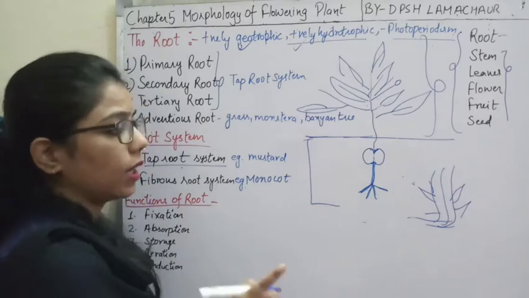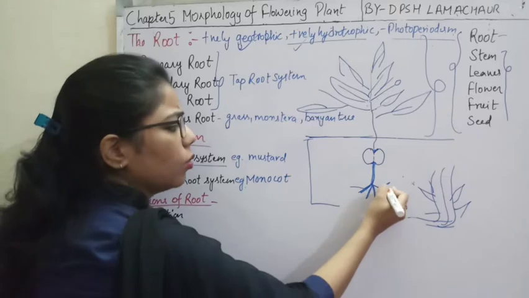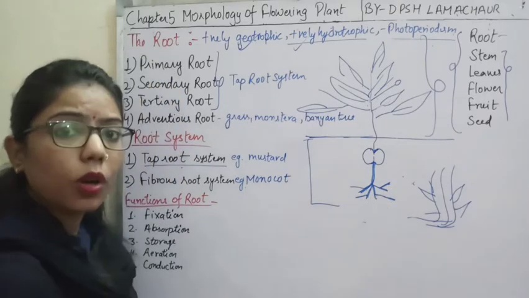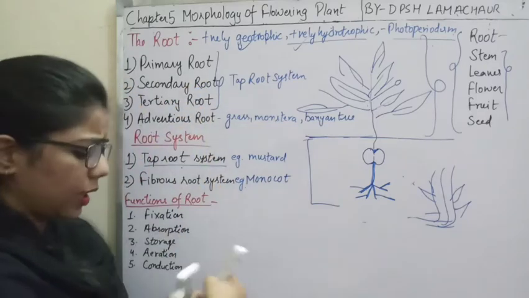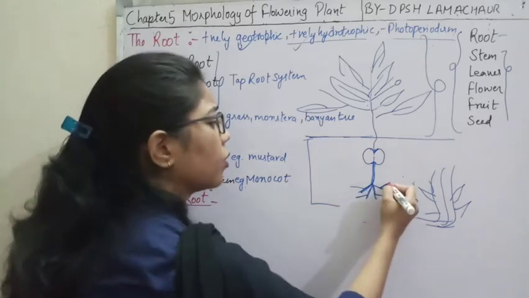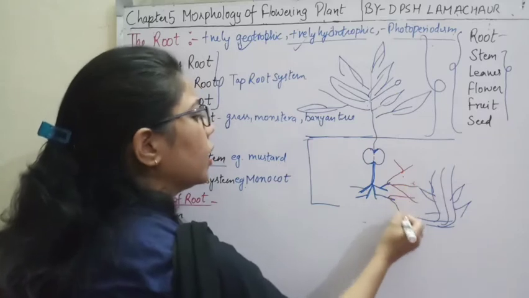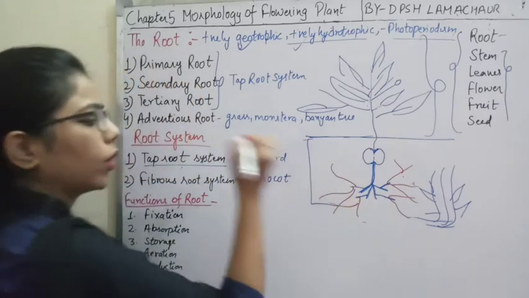The roots which develop from this primary root are known as secondary roots. And the roots which develop from the secondary root are known as tertiary roots.